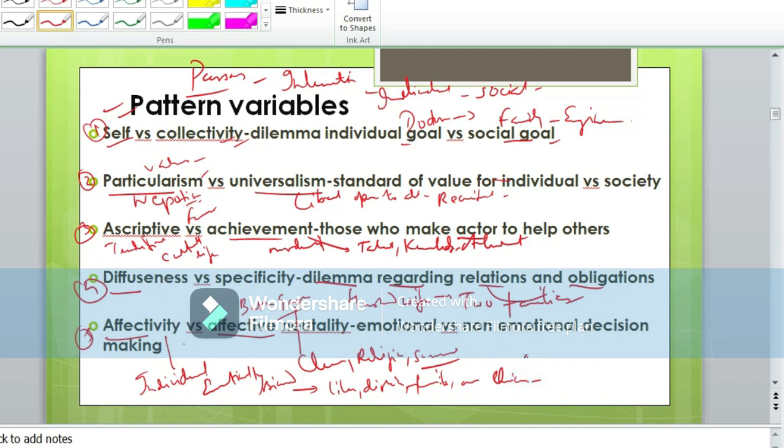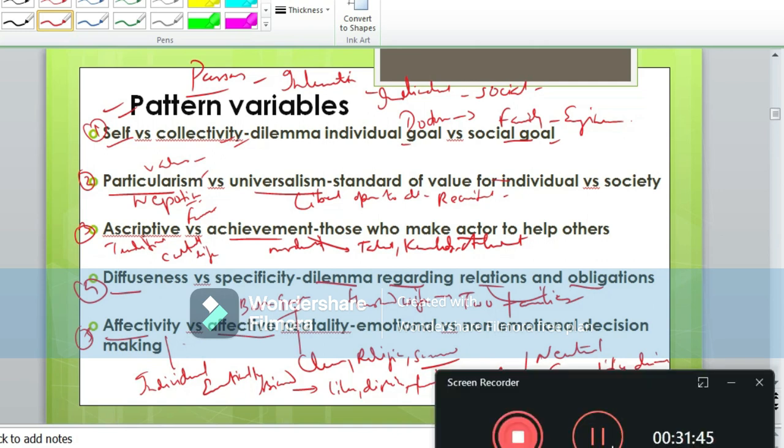But when he is neutral, he takes competitive decisions, like purchasing a rational product. So in this way we think that the Parsons syllabus has been completed so far. Thank you and have a nice day.